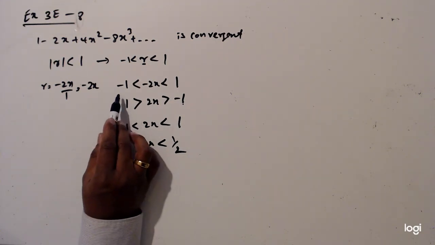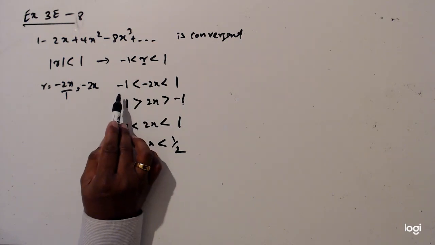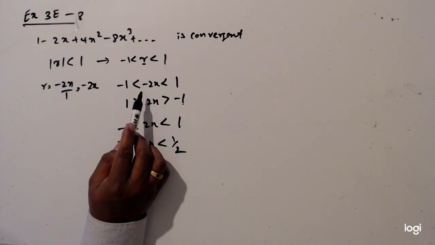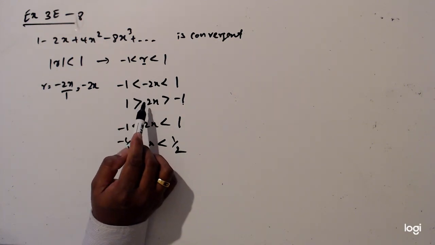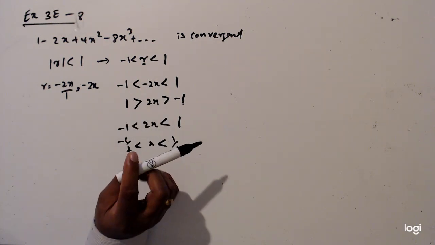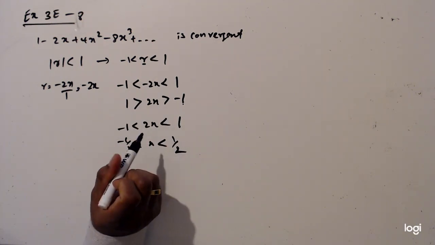When we multiply or divide the inequality by a negative, we have to change the symbol direction.